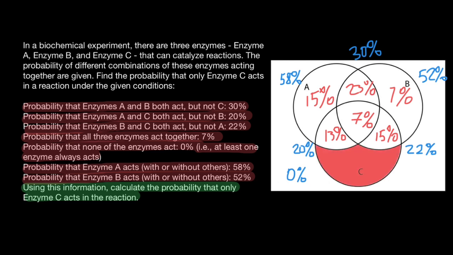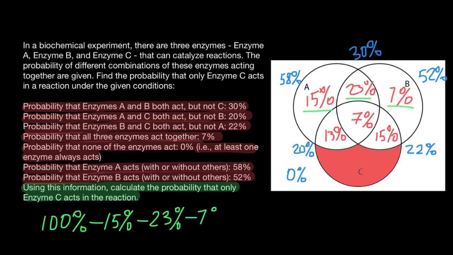So that means that 100% we have to subtract 15, so minus 15%, minus 23%, minus 7%, minus 13%, and minus 15%.